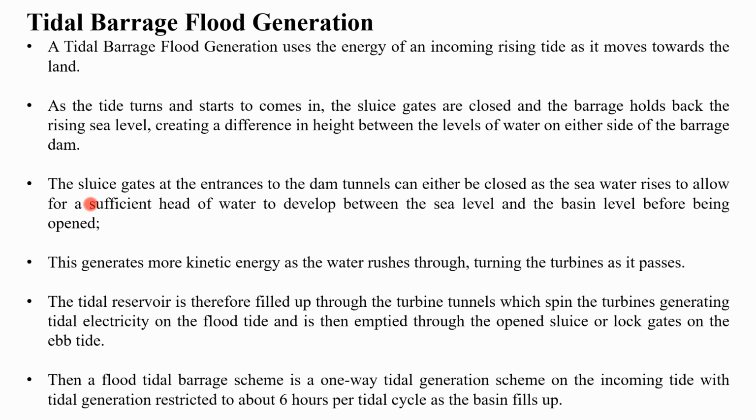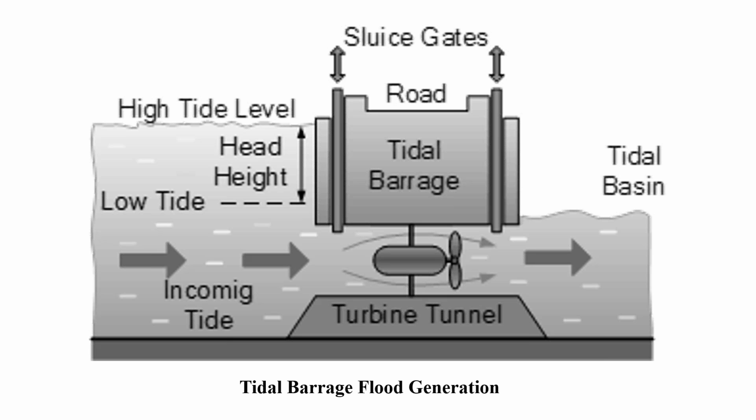We operate the sluice gates to control the flow of the water, and thereby we are able to generate power. This generates more kinetic energy flowing into the turbine. Next, the tidal reservoir is filled up through the turbine tunnels, which spin the turbine, generating electricity. You can see the pictorial diagram.